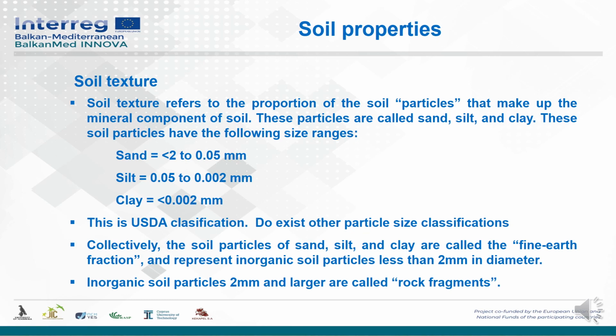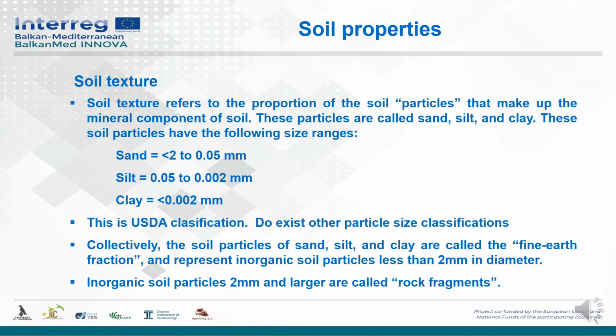This classification of the soil based on the particles is according to the United States Department of Agriculture classification. On the other side, other particle size classifications do exist, but the logic is the same. The only thing that changes is the range or the size of the soil particles.